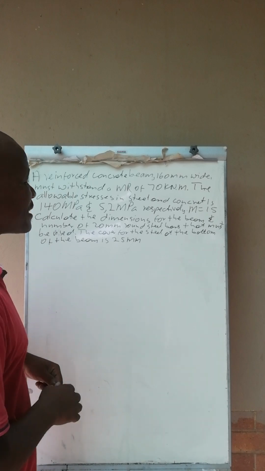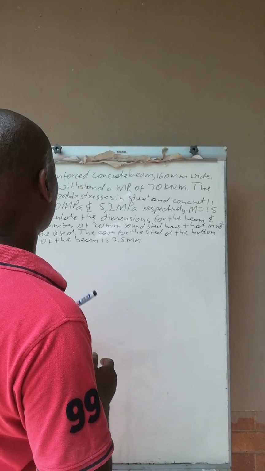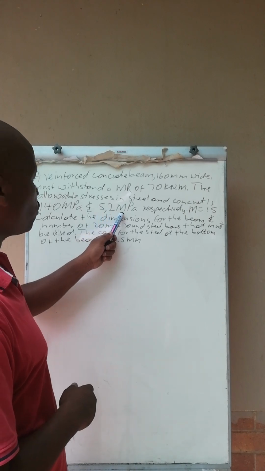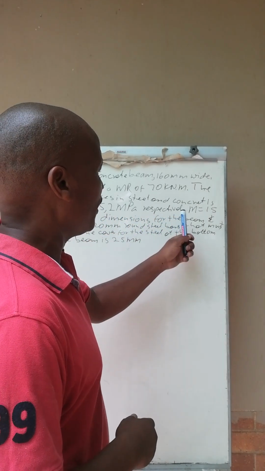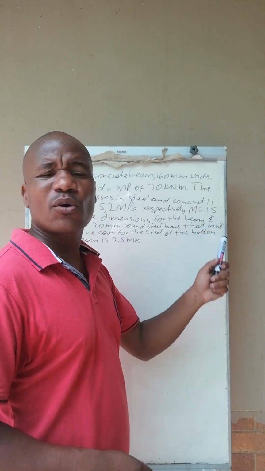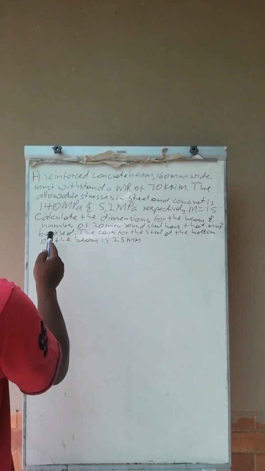The allowable stresses in the steel and concrete are 140 megapascals and 5.2 megapascals respectively, and the modular ratio m is given as 15. Always it will be 15.